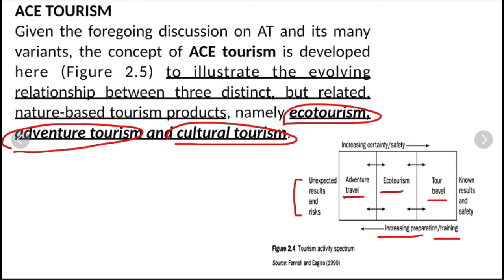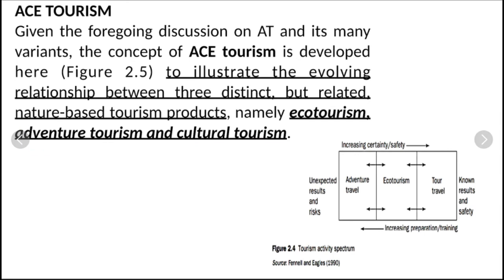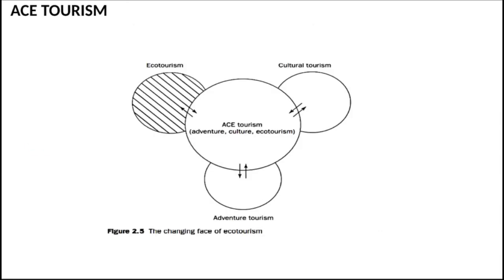Okay? Lalong-lalo na sa mga employees na involved doon sa particular activity. And of course, doon mismo sa mga turista. Dapat they are well-informed about the preparation, yung mga skills na dapat nilang i-perform during a particular activity. So, that is the tourism activity spectrum.